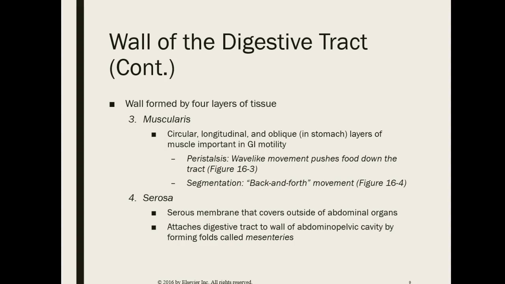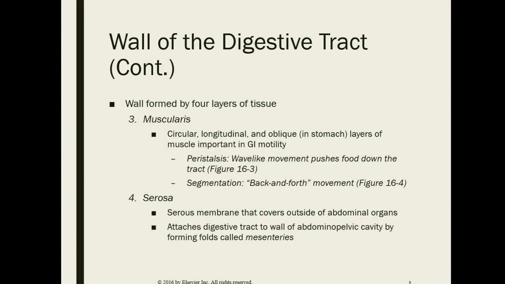And then serosa is going to be the serous membrane that covers the outside of the abdominal organs. And this is going to attach the digestive tract to the wall of the abdominal pelvic cavity. This is accomplished through folds called the mesenteries. Without these attachments, our organs would just kind of fall down into the pelvic cavity.